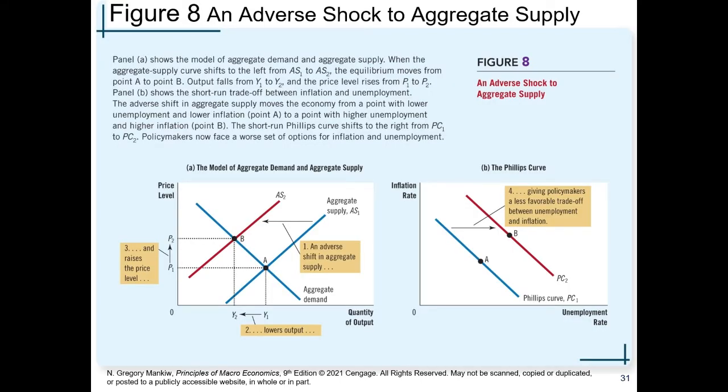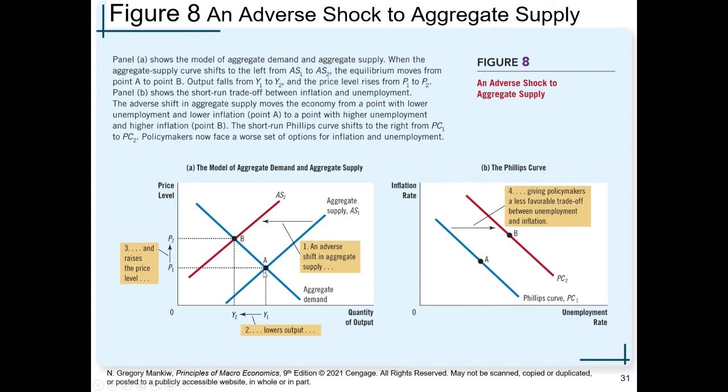We're going to look at figure 8. So OPEC was created. They started reducing the amount of oil, which increased the firms' cost of production. So it lowered the output. We went from AS1 to AS2.